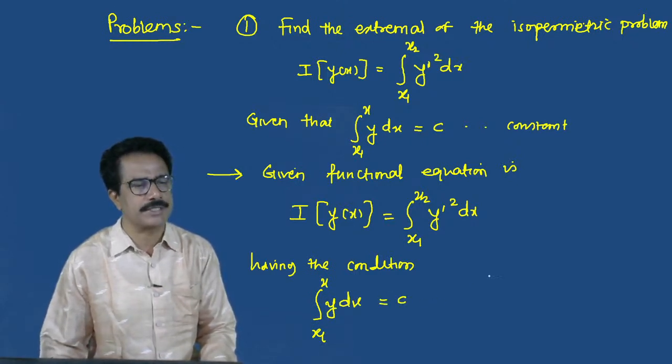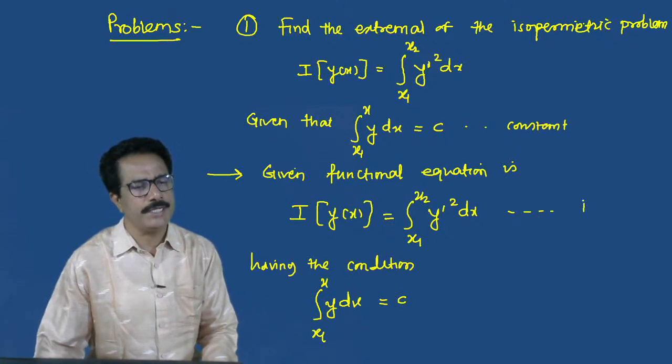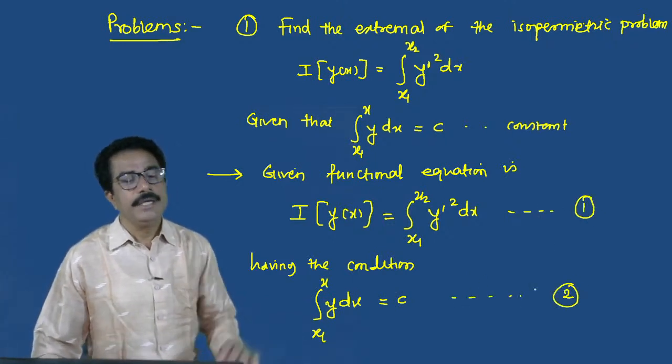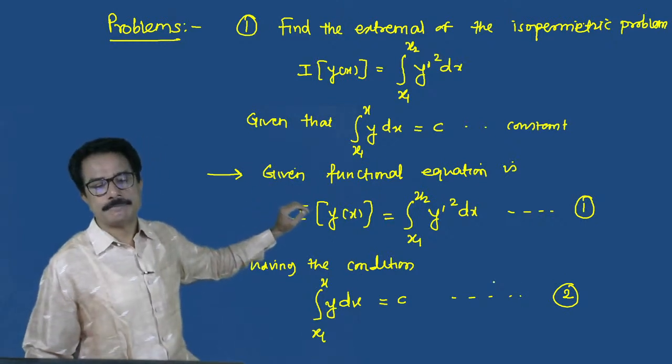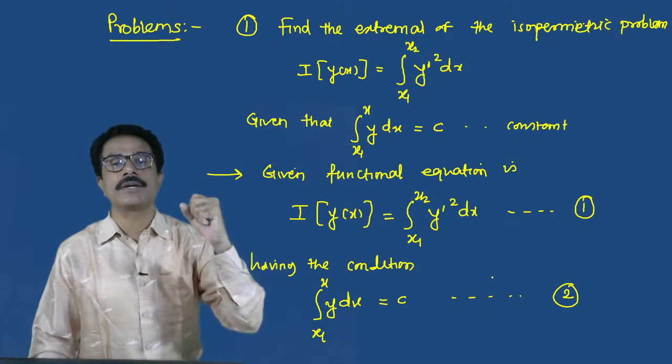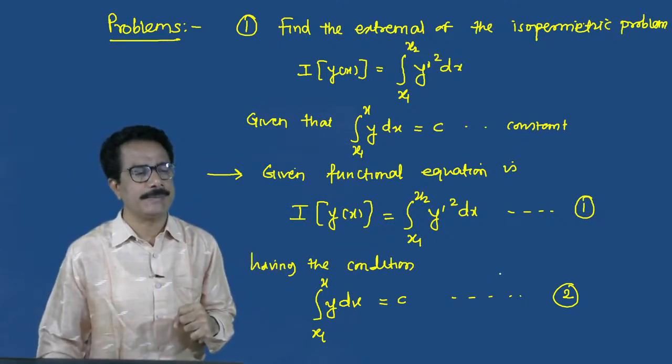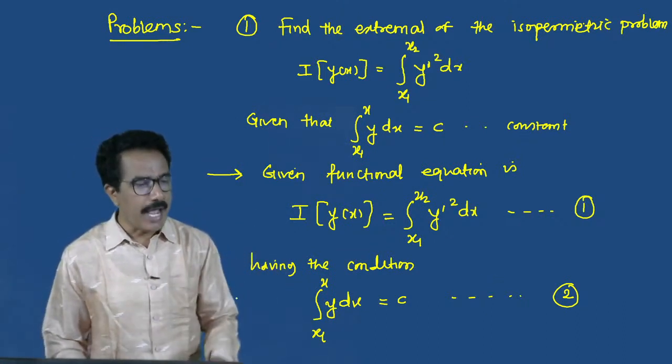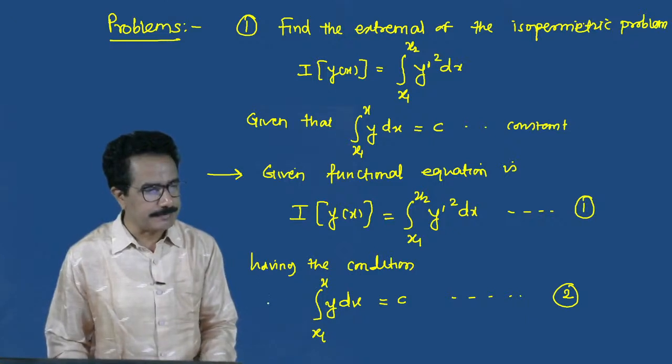C means the constant. Suppose this is the first and this is the second, then we have to find the extremal. Then we have to combine the conditions for I and J.